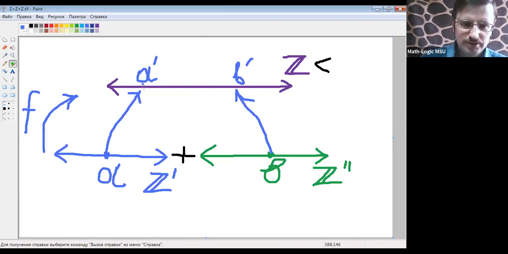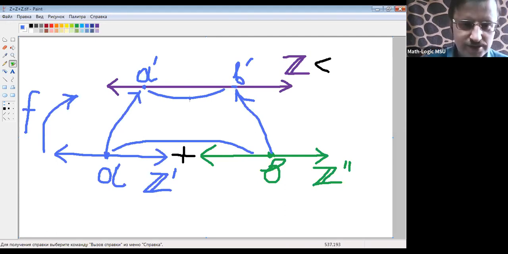Where is the contradiction? There are only finitely many elements here, but infinitely many elements here. So a bijection cannot map infinitely many elements to finitely many elements. This is a contradiction. So there is no bijection, and these two ordered sets are not isomorphic.